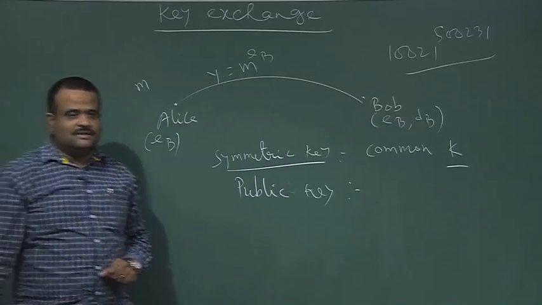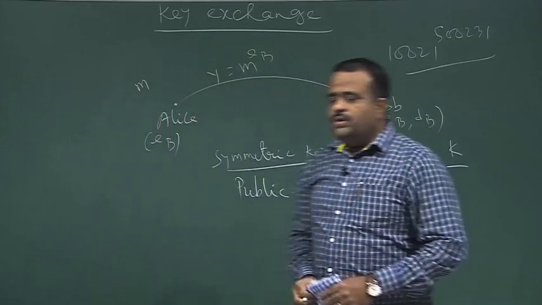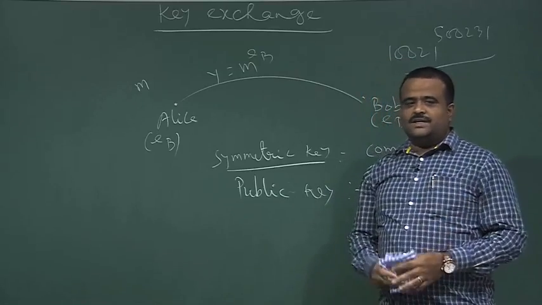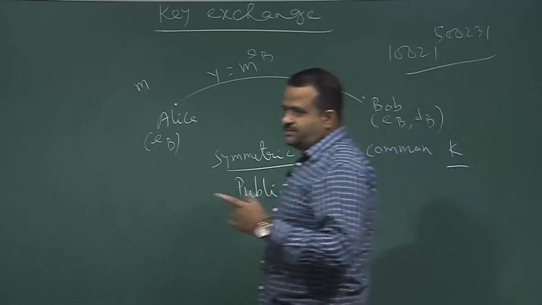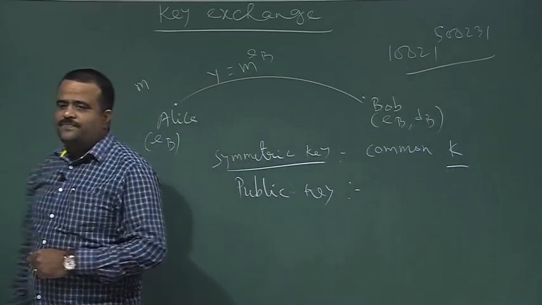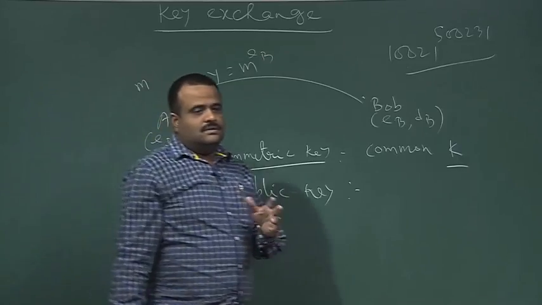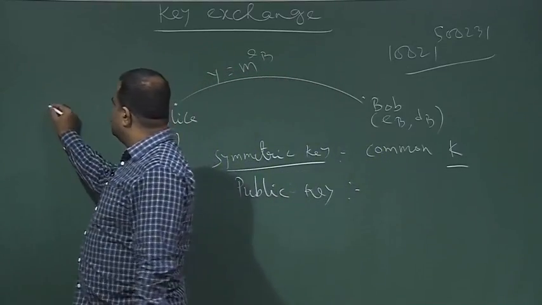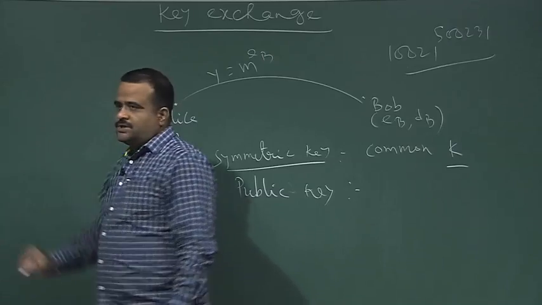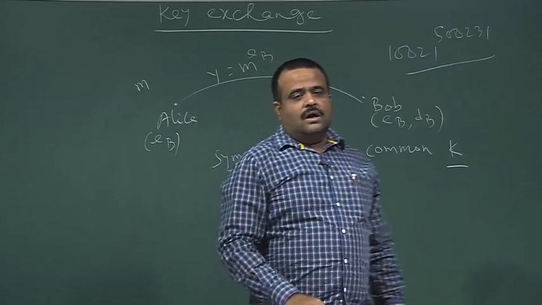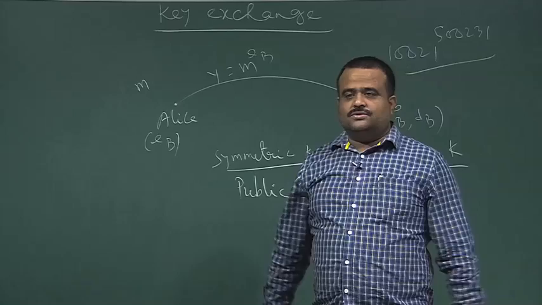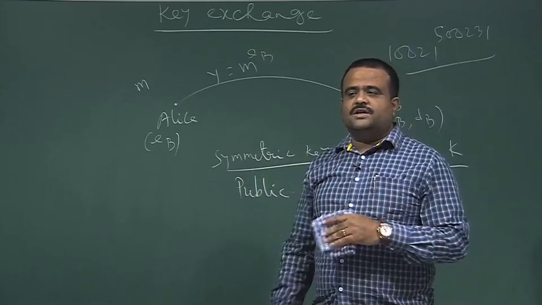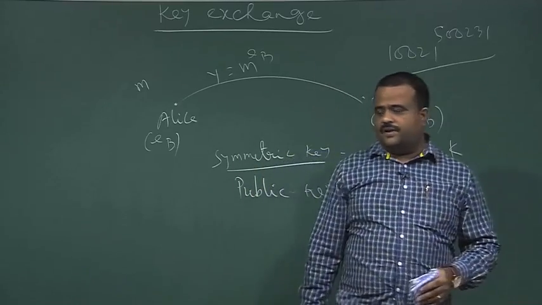On the other hand, in symmetric key, what do we do? We will use either DES, AES or some stream cipher. If we use DES, it is a Feistel cipher. So symmetric key encryption algorithms are very fast.